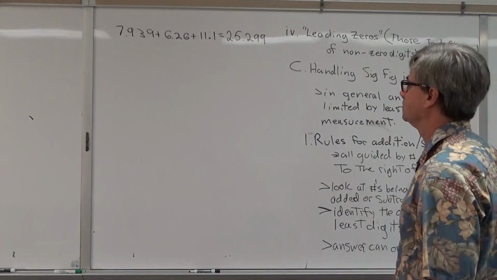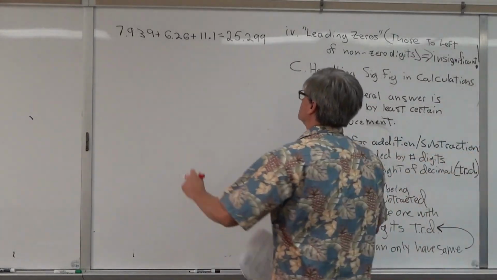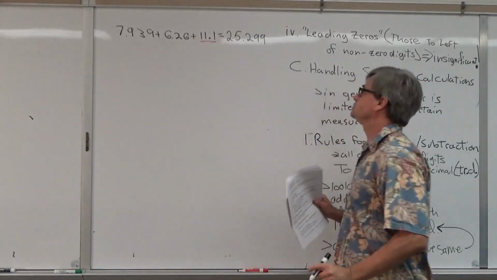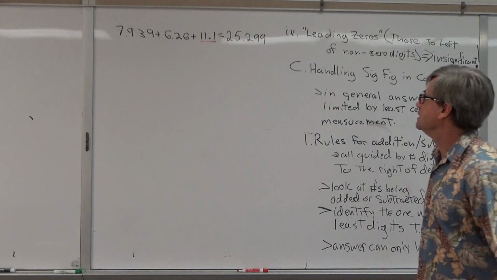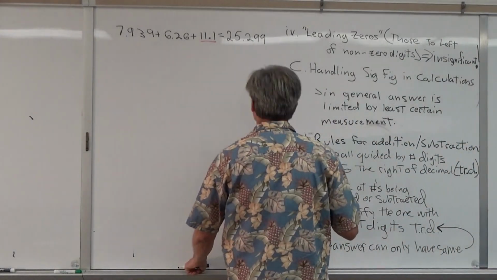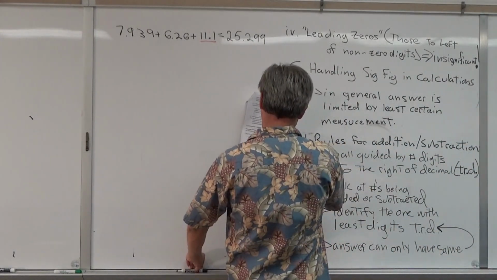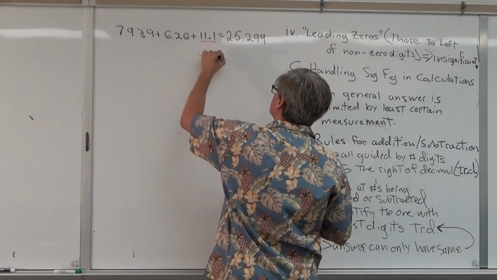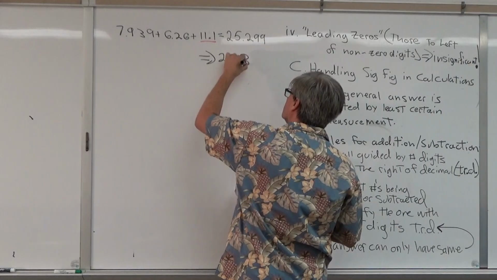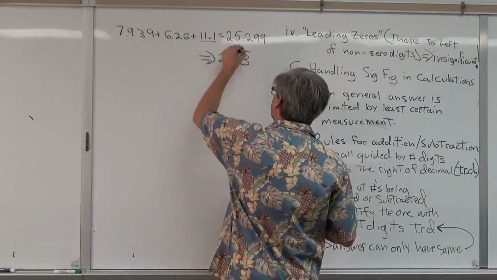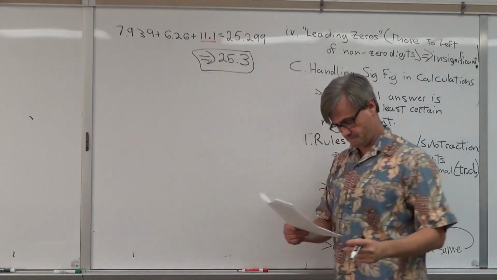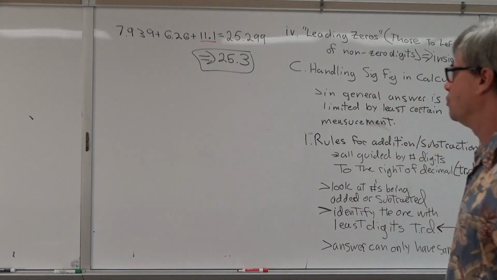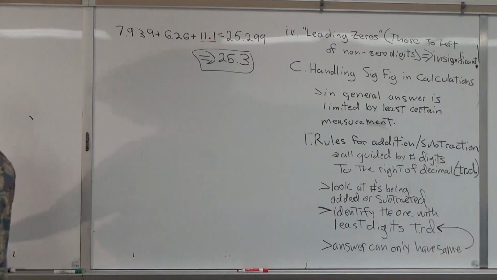You want to look for the number that has the fewest digits to the right of the decimal place. That's obviously that. It's got one digit to the right of the decimal place. And so our answer can only have one to the right. So this should be reported as 25.3. And same rules for doing subtraction.